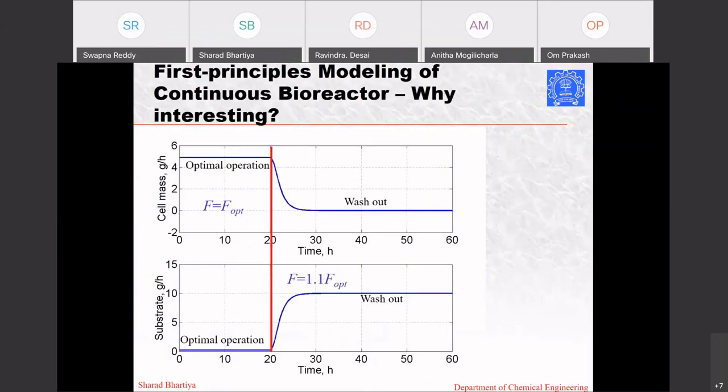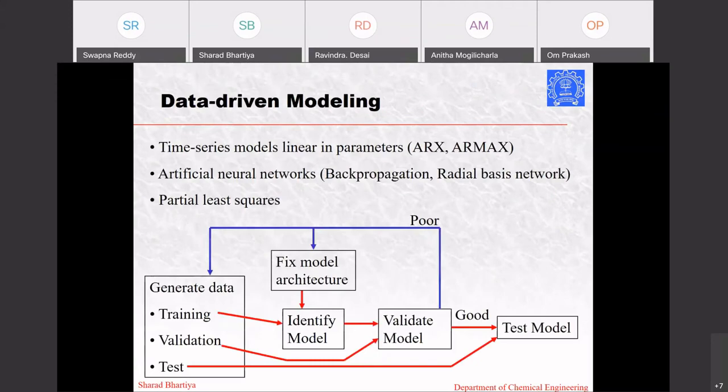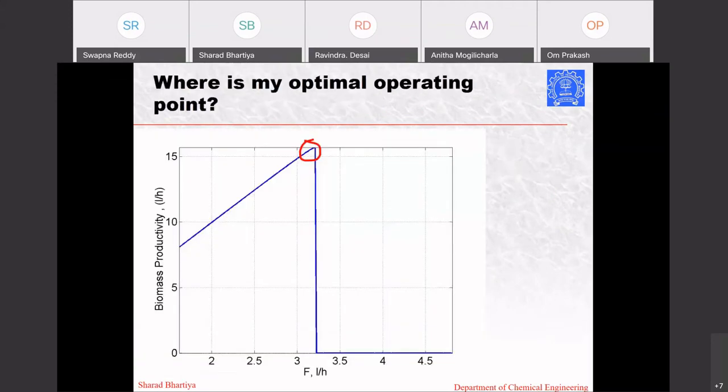What I wanted to tell you is that you could also model such kinds of systems using, let's say, a recurrent neural net or a feed forward neural net.